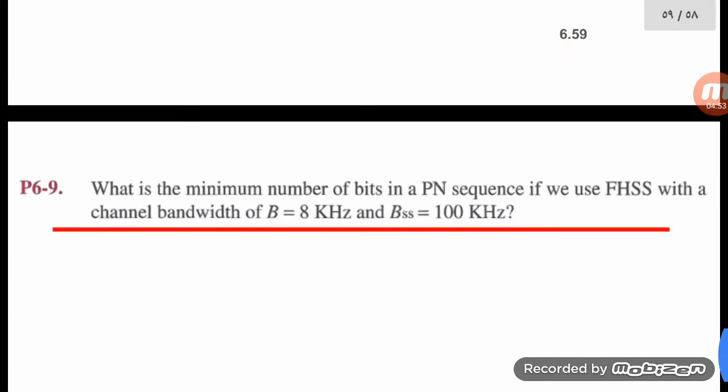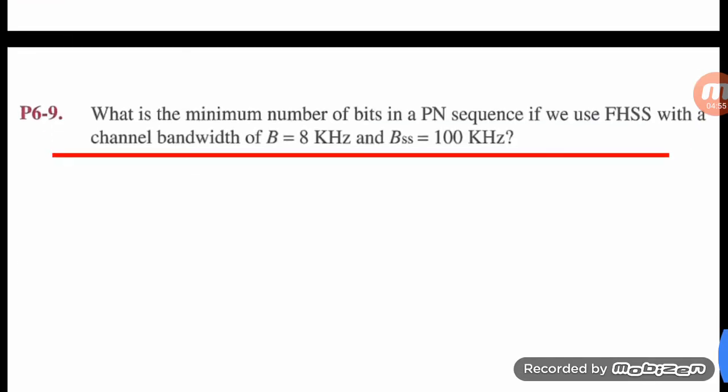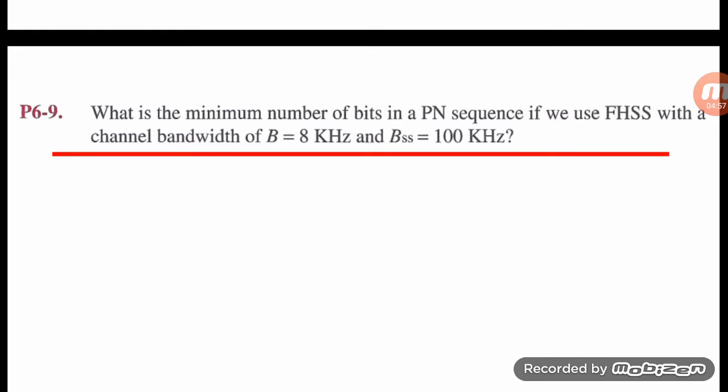Now this is a very simple problem. What is the minimum number of bits in a PN sequence if we use FHSS, which is frequency hopping spread spectrum, with a channel bandwidth of 8 kHz and spread bandwidth of 100 kHz? The way to solve such a problem is this: this is your original signal, and the bandwidth here is 8 kHz.